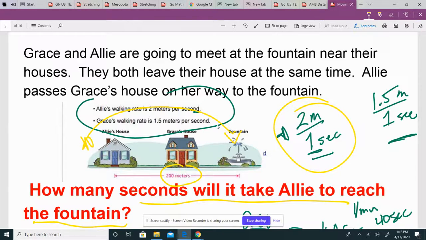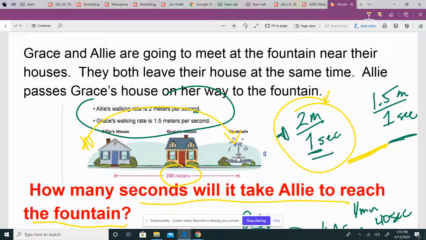Now, I just want to remind you that when we compare individuals with walking rates, if they have the same time, meaning we're looking at the unit rate, the person who travels further has the greater or faster speed, because they're able to get a further distance in the same amount of time.